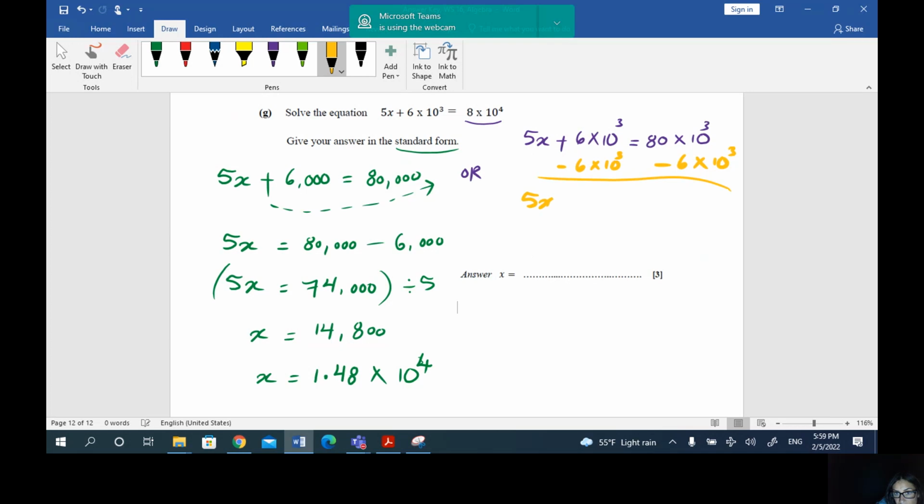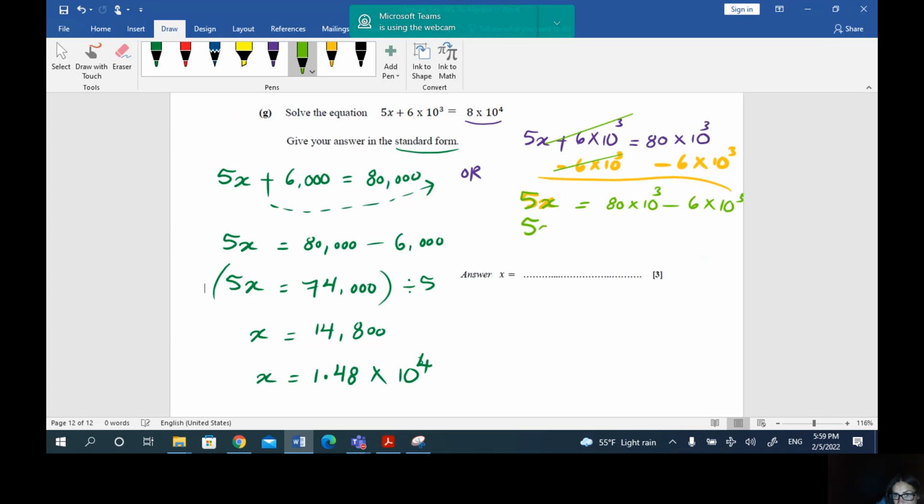5x on its own, because this and this are going to be cancelled. So 5x is equal to 80 times 10 to the power of 3 minus 6 times 10 to the power of 3.